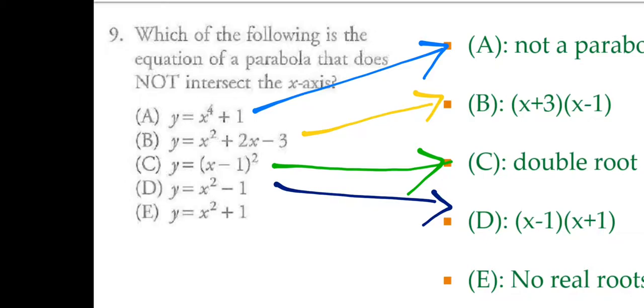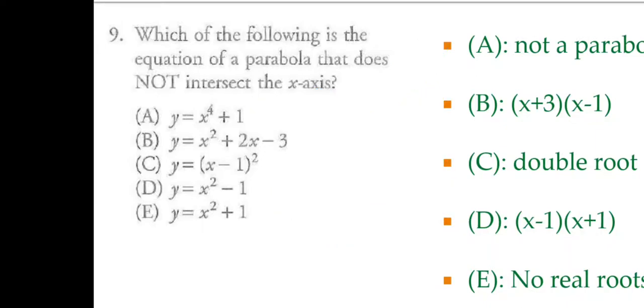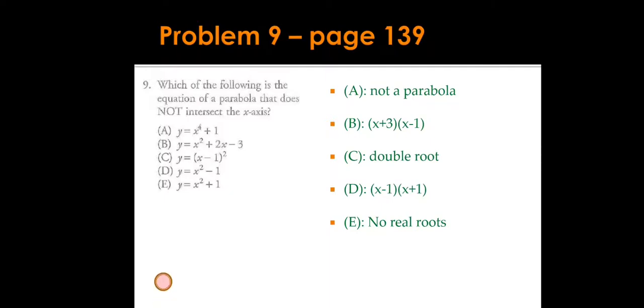And the last option, option E, cannot be factored and has no real roots, which means it does not intersect the x-axis, and this is our answer. So our answer here is E, x squared plus 1. Okay, I hope that was clear. Waiting for you in the next presentation.